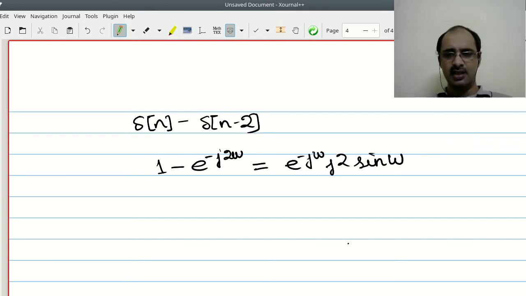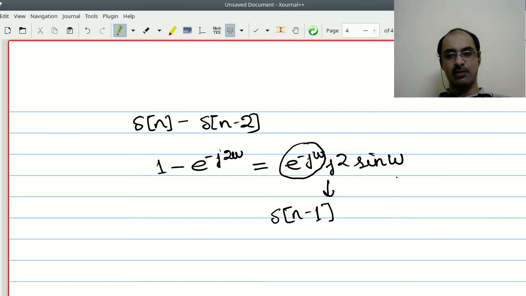This is interesting. I get an e power minus j omega out, but you know e power minus j omega corresponds to delta of n minus n naught. If you read the properties of the DTFT, a very important property is the convolution property. So that means this corresponds to e power minus j omega. Basically, e power minus j omega corresponds to delta of n minus 1.